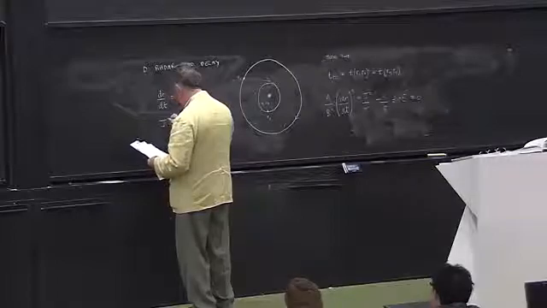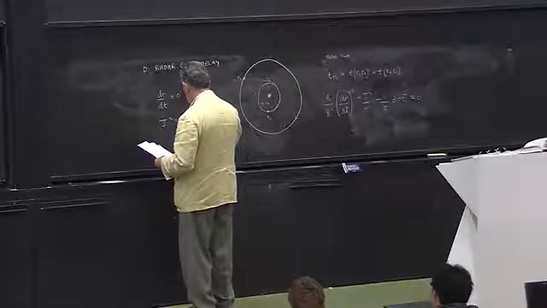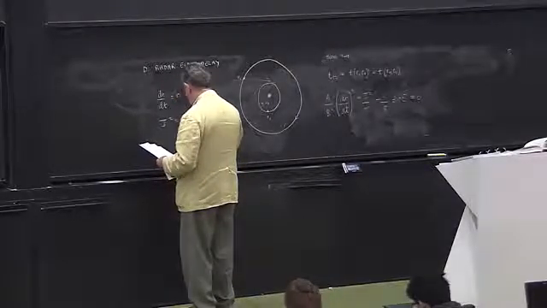So j squared is R0 squared over B of R0.